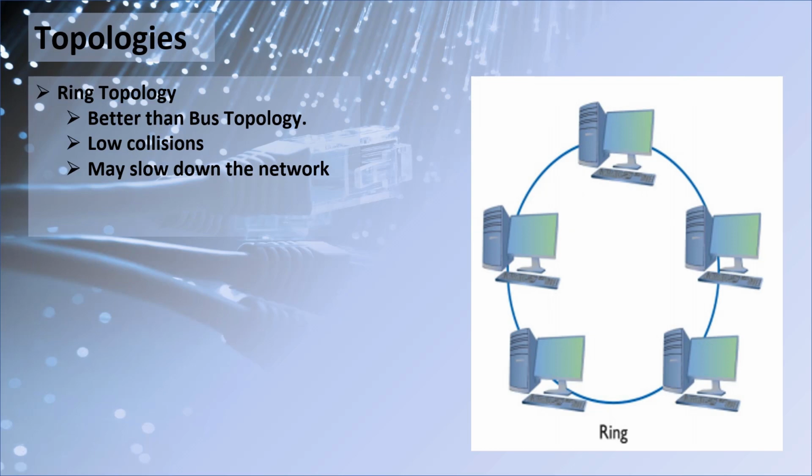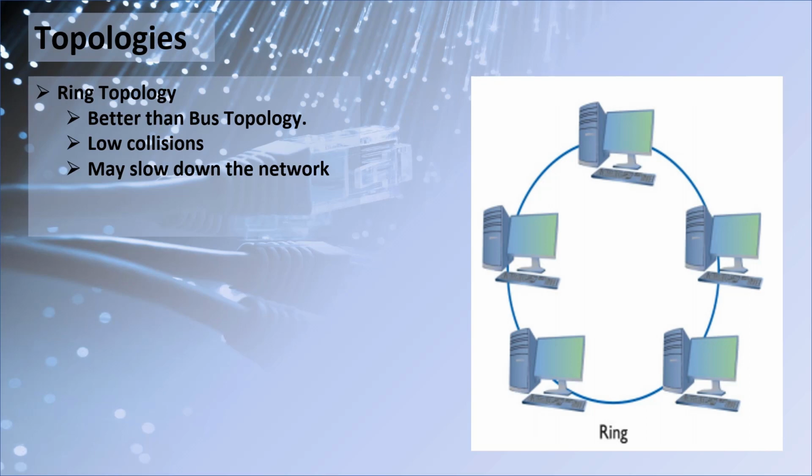Now let's move to the ring topology. It is more or less similar to bus topology, with the difference that in a ring topology the backbone cable connects to itself, or we can say both ends of the main cable are connected to each other, forming the shape of a ring or circle. If you look at the diagram, it looks like a circle.